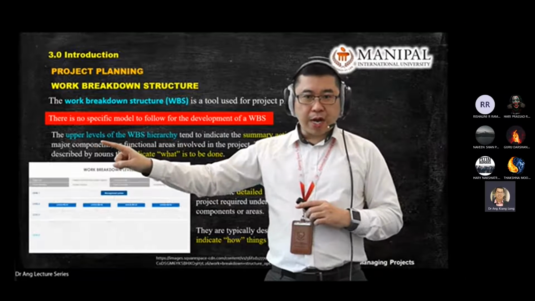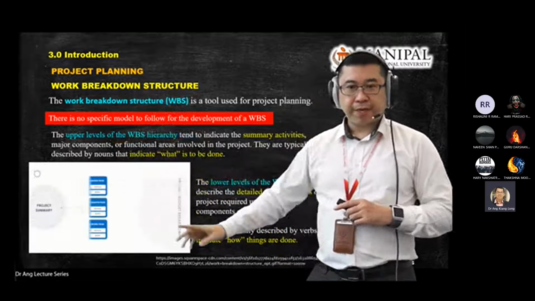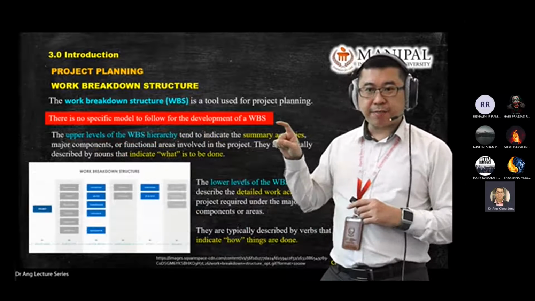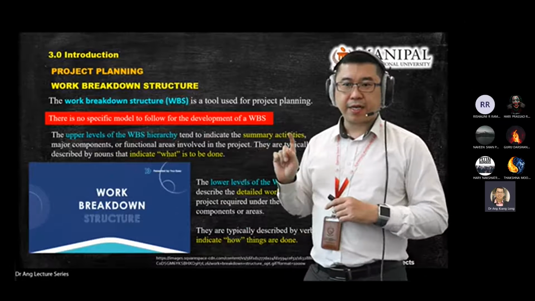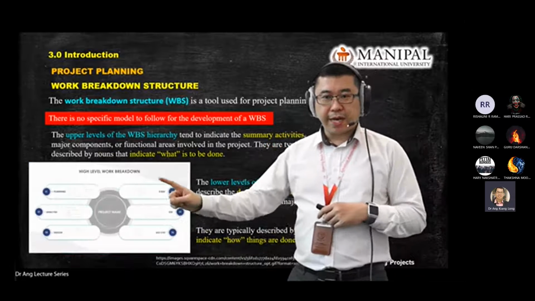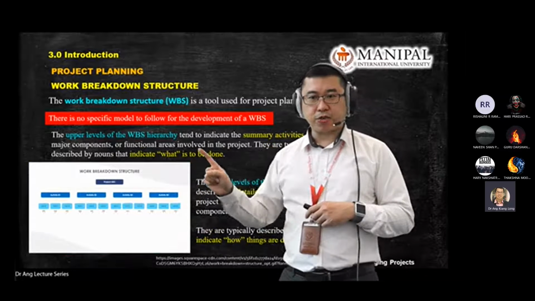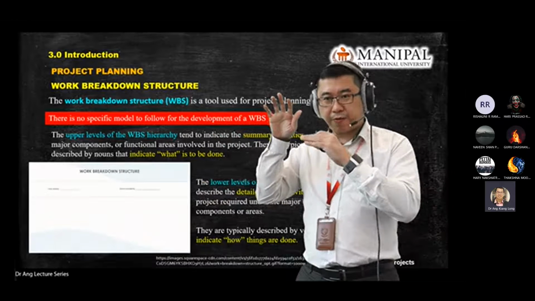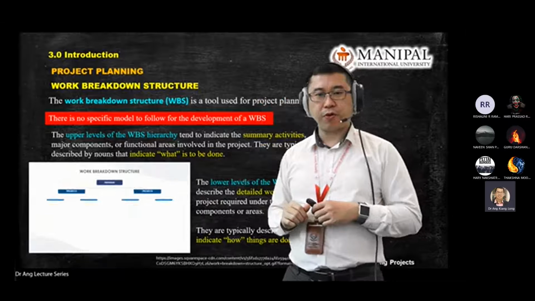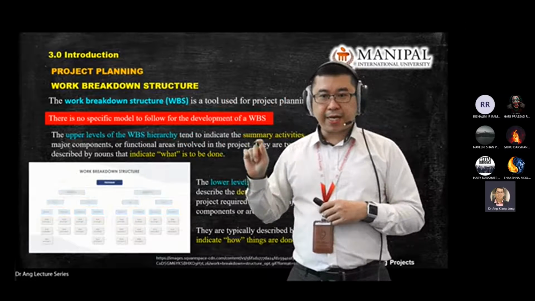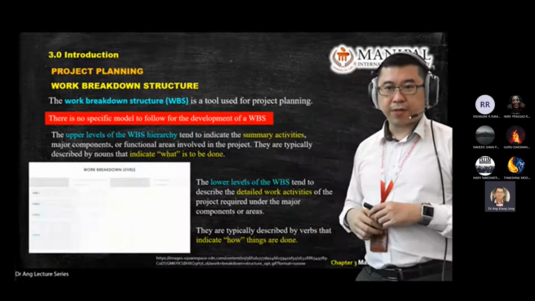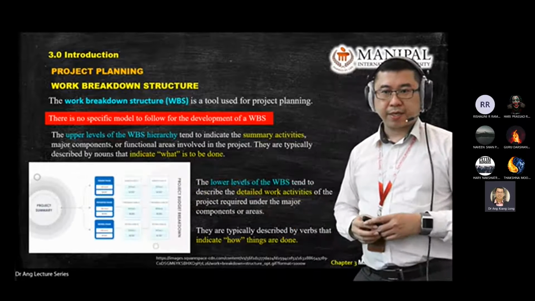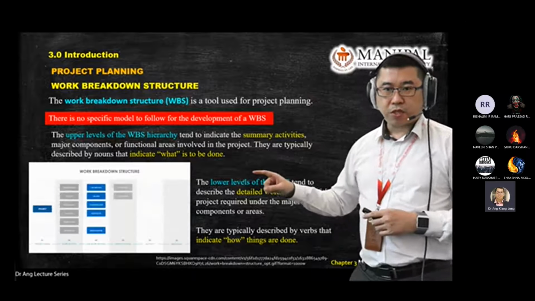We can divide it into upper level and lower level. At the upper level of the WBS, you will see a summary of what you're going to do, and usually it will indicate what has to be done.